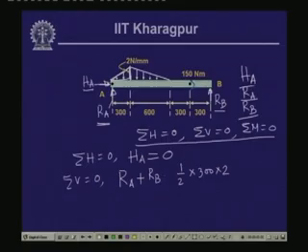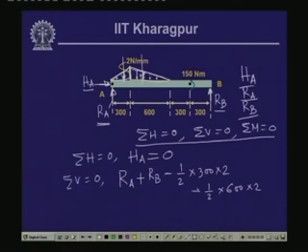Now, this particular load is pointing downward, and since the reactive loads R A and R B are upwards, this is with a minus sign. Then if we take this other part of the triangular loading, again this is half into distance 600 millimeter into 2 is the loading, and this loading again is directed downwards.